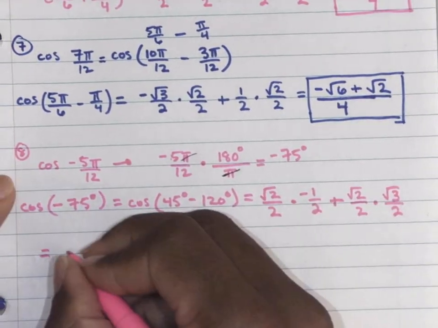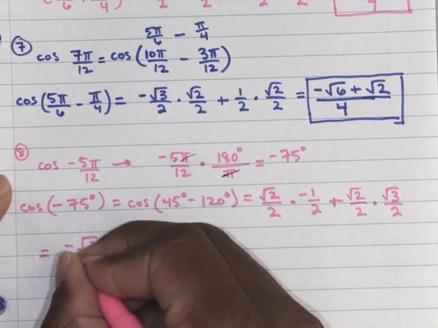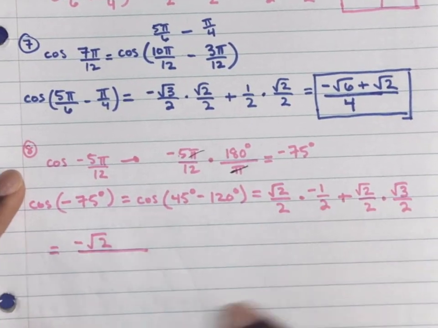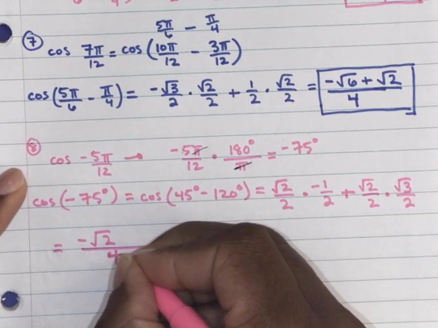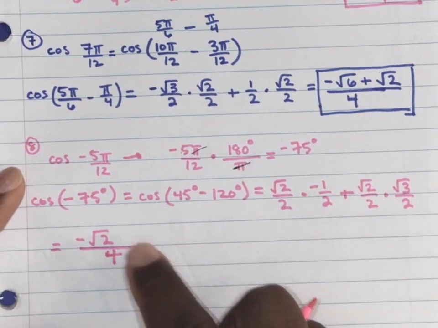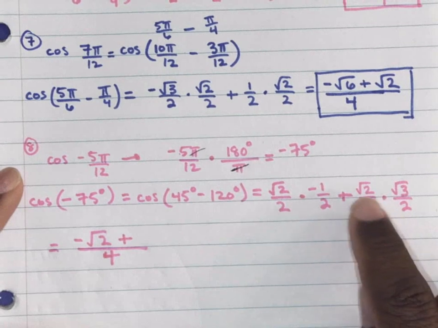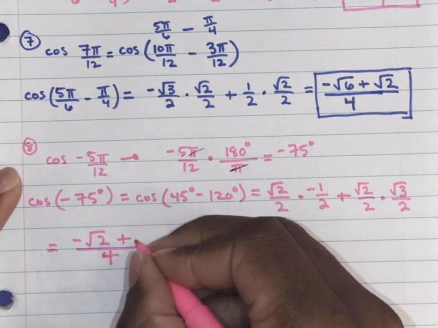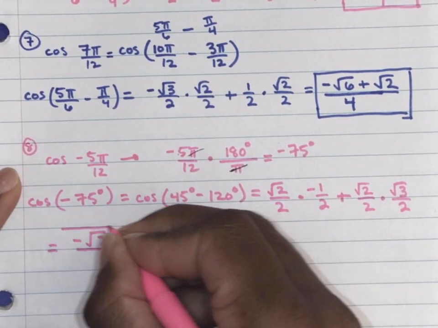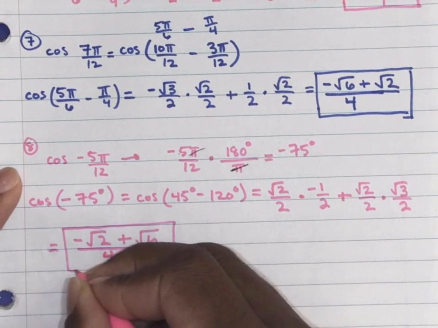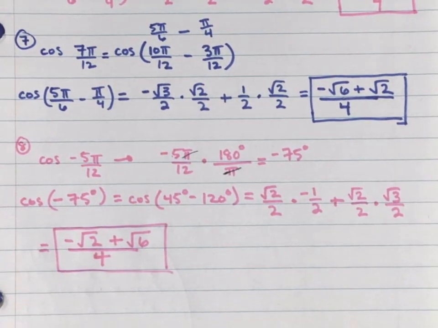Root 2 times negative 1 is negative root 2. In the denominator, 2 times 2 equals 4. This denominator will also be 4, so I'm going to write it together. And then I got plus root 2 times root 3 is the square root of 6. And that should be my answer.